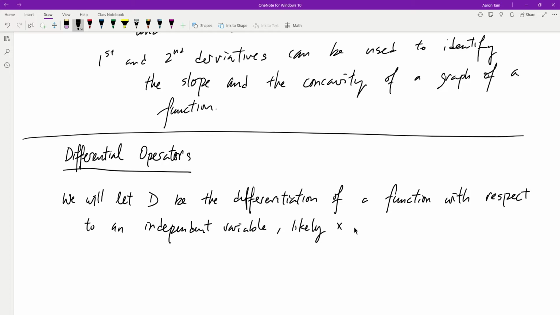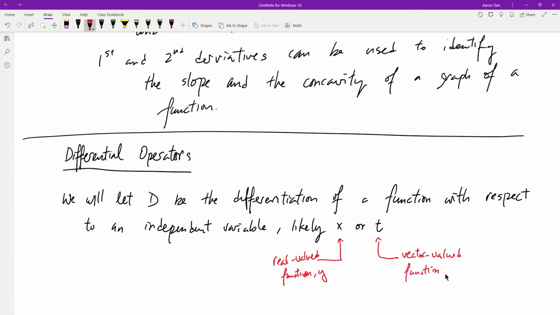For us, most likely this independent variable will be x if we are talking about a basic x-y or single variable function. We usually use x if we have a real valued function, and we most likely call the real valued function y.